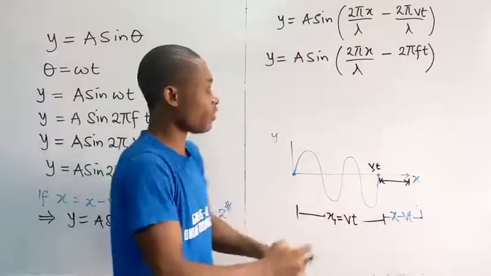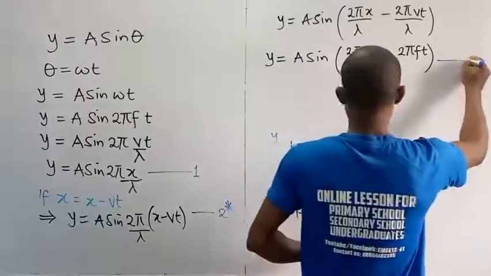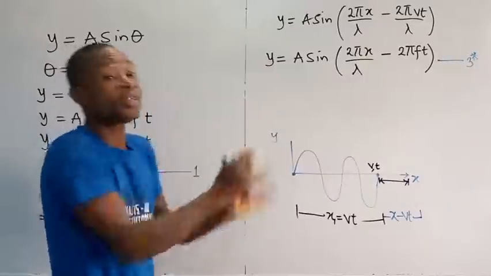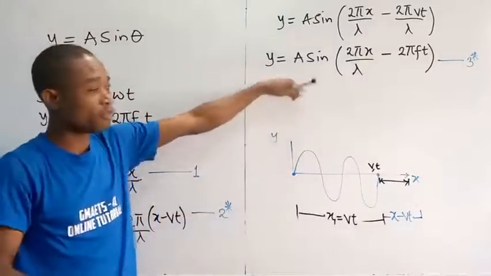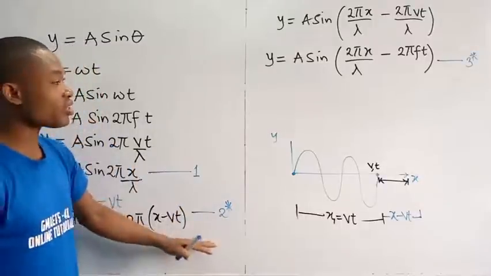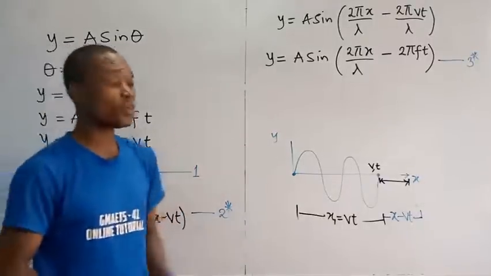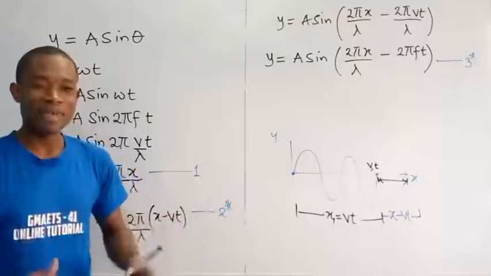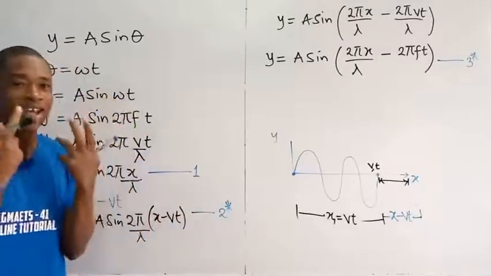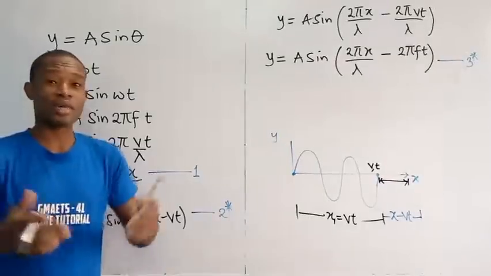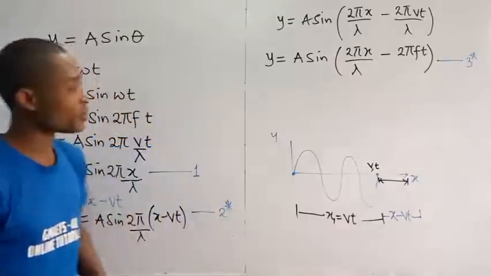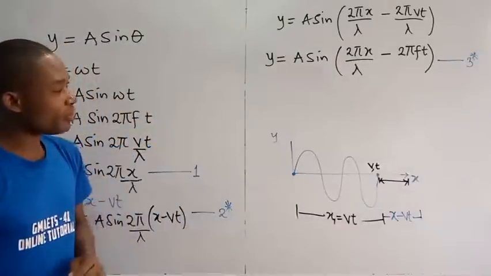So the equation takes this format, and this form of the equation is also very important. Examiners also like using this progressive wave equation form to ask exam questions. So you want to take note of that. I have asterisked equation 2, I have asterisked equation 3. These are the major progressive wave equations a student should memorize. They should have that at heart. Because most times, like I said, examiners usually love referring to those equations. Can we move a bit further?